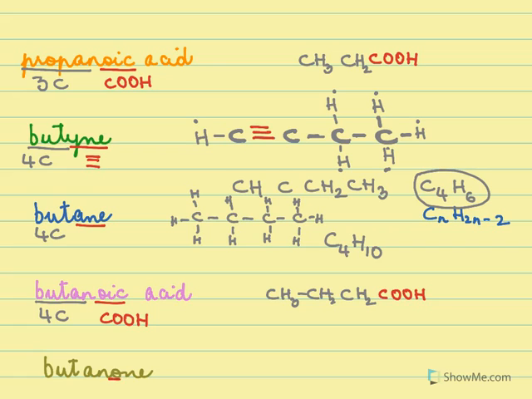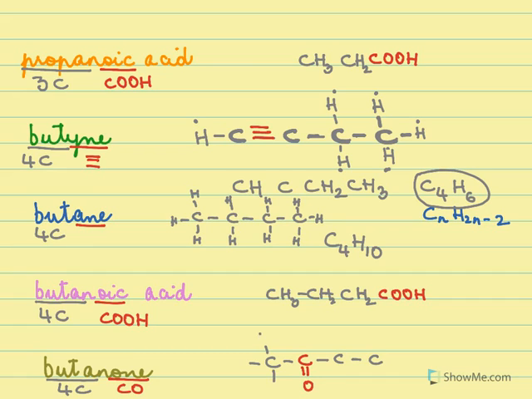Last is butanone. "ONE" is a ketone, so it has a CO group with 4 carbons. So here we have C double bond O, and we need to add 4 carbons. You can put 2 on one side and 2 on the other, or 1 and 3, whichever way you want. But what's important is that the CO group should be in the middle.